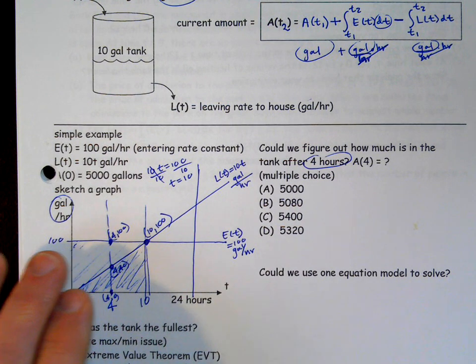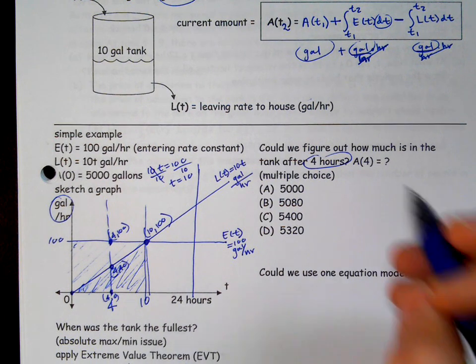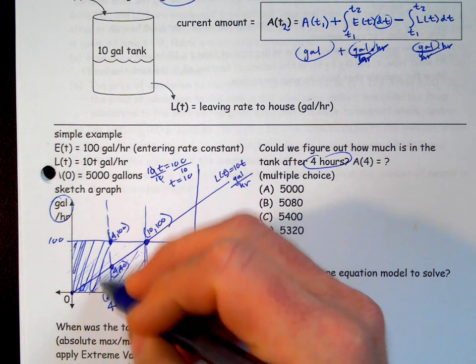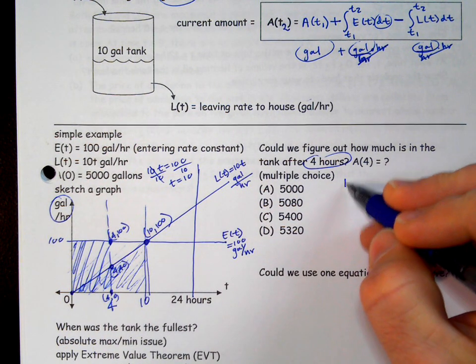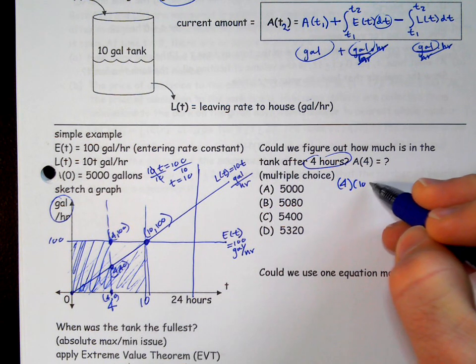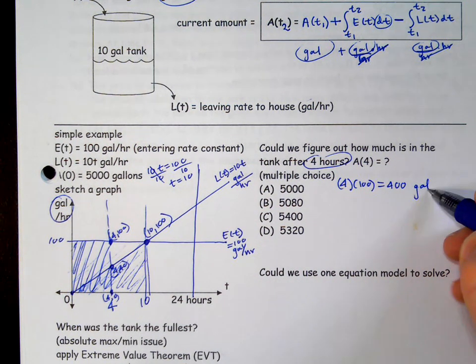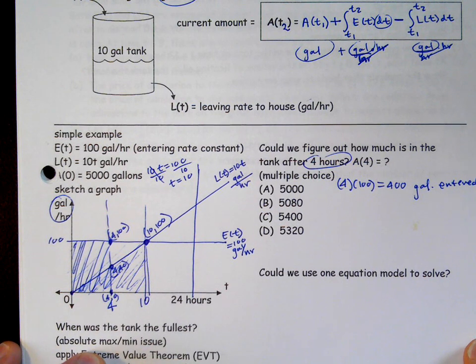And so I was already talking about how the area under these curves actually represents how much water is coming in, how much water is coming out. So the area of what came in from 0 to 4 hours, well, that area is 4 times 100. And so that's 400. 400 gallons entered the tank from time 0 to time 4.